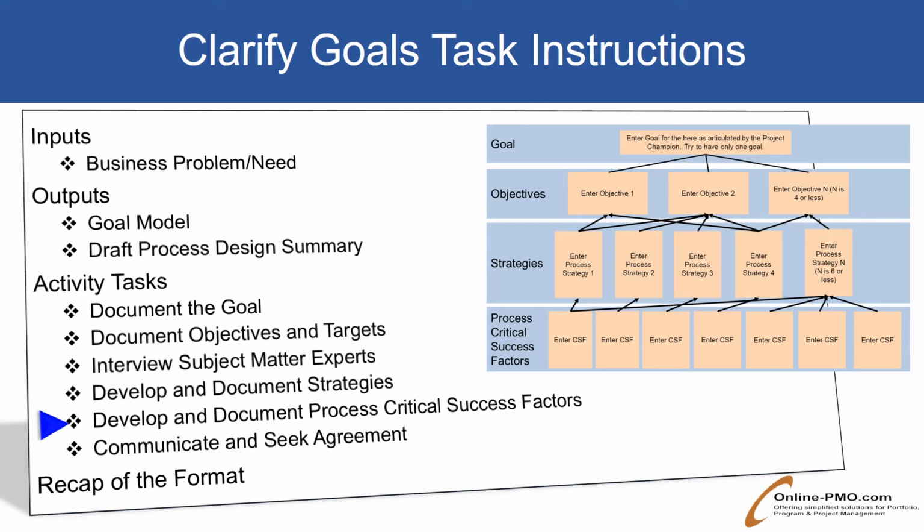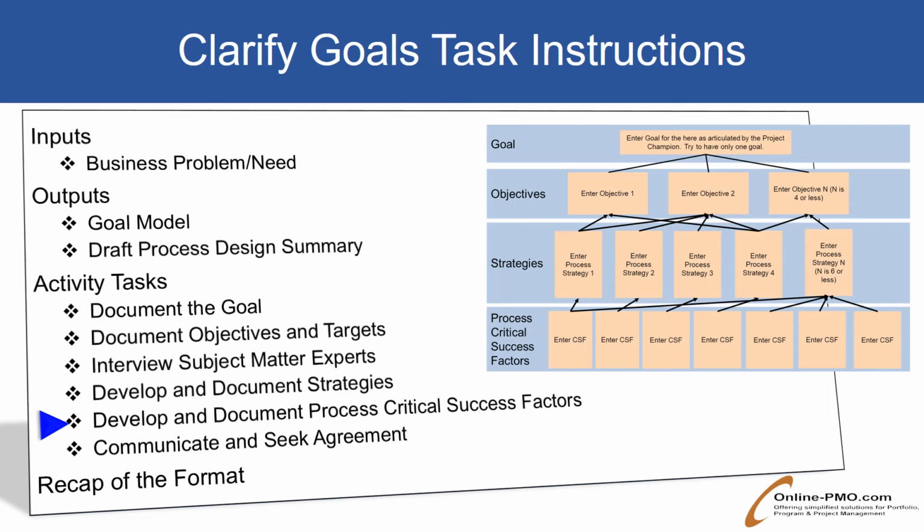A useful technique for identifying critical success factors is team brainstorming and affinity grouping. After testing the critical success factors for necessity and sufficiency conditions, they can be reviewed with subject matter experts and the champion for agreement. These factors will drive the design of the to-be process.